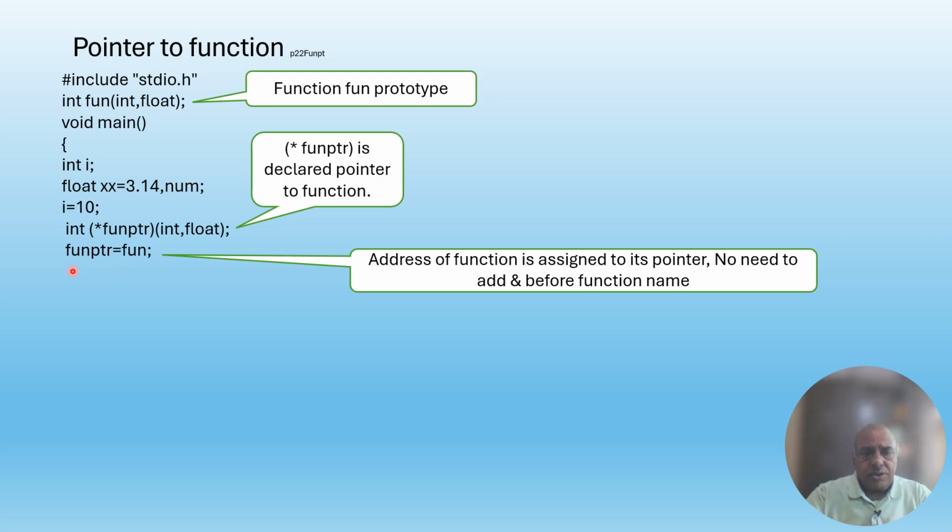But in case of functions, there is no need for putting ampersand before the name of the function while assigning the address to its pointer. So funptr = fun is the assignment of the pointer to fun.